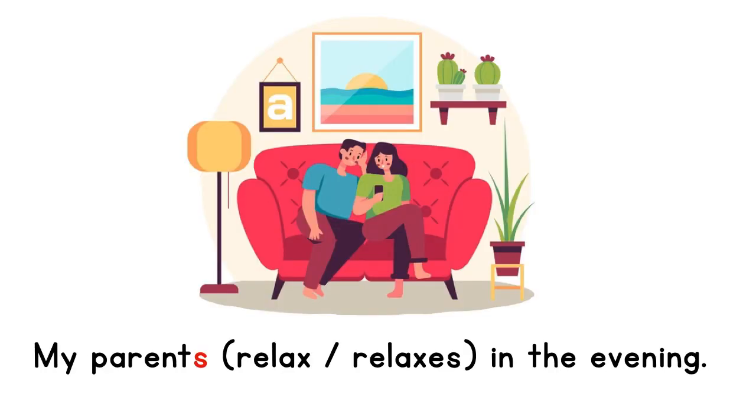Okay, next. My parents. Okay, the keyword here is parents. Relax or relaxes in the evening. So, tengok subjek dulu. Okay, parents. Maksudnya ibu, bapa. So, kalau lebih dari satu orang, kata kerja dia mesti dalam kata dasar. So, jawapan dia is relax.